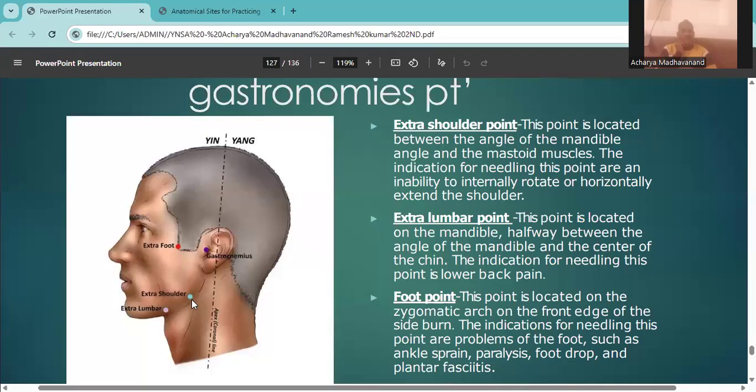The indications for needling this point are an inability to internally rotate or horizontally extend the shoulder. It is a very good point: if this point is painful and you press it, then the shoulder pain also goes. And this point is very good for frozen shoulder and all shoulder problems. But needle very carefully.